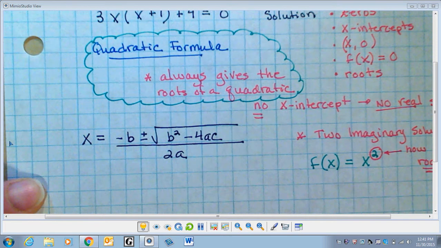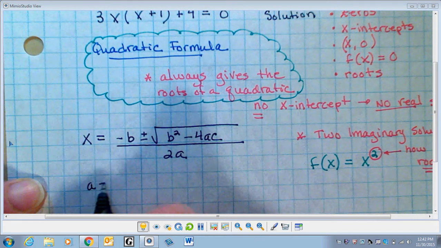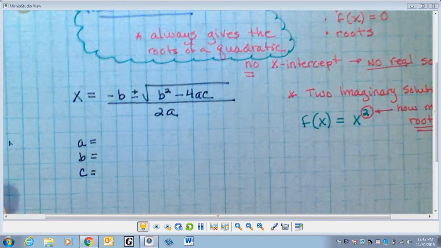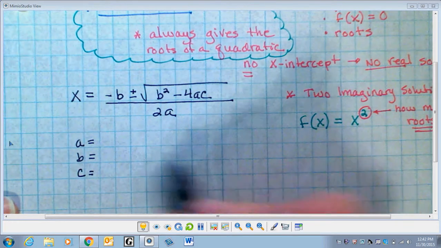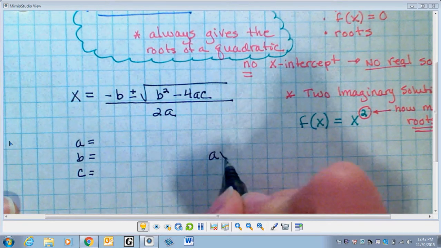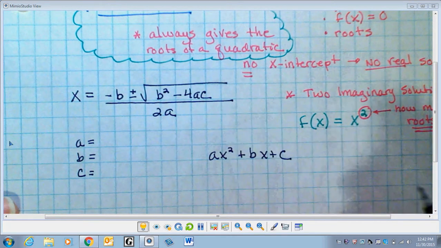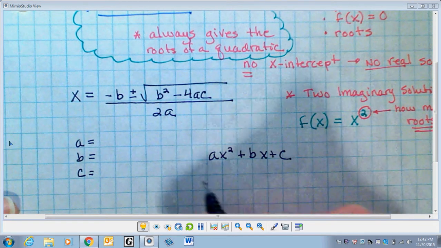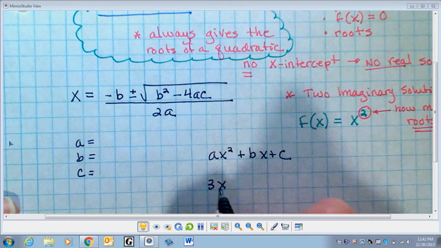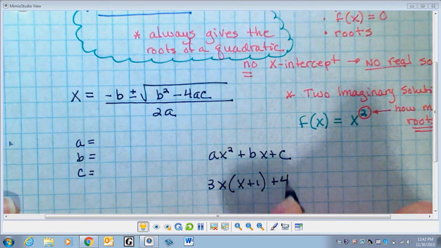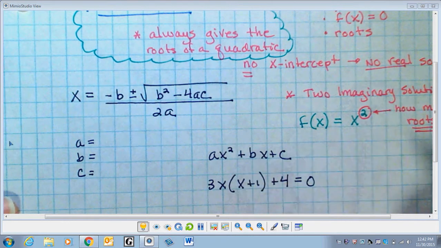So the key now is I need to figure out what a, b, and c are. That means I have to get it in ax squared plus bx plus c form. And right now, what do I have? I have 3x times x plus 1, plus 4 equals 0.